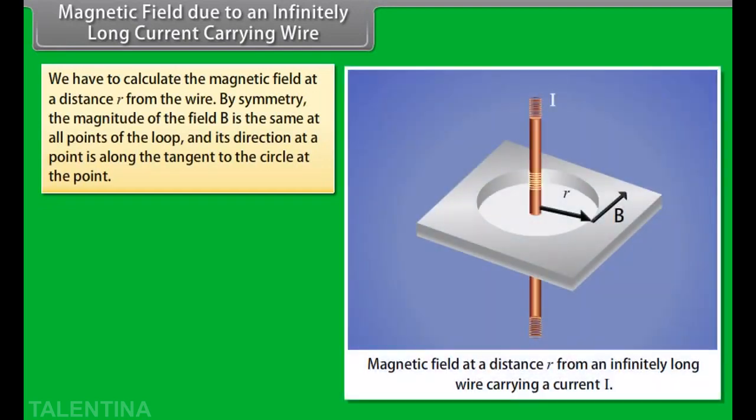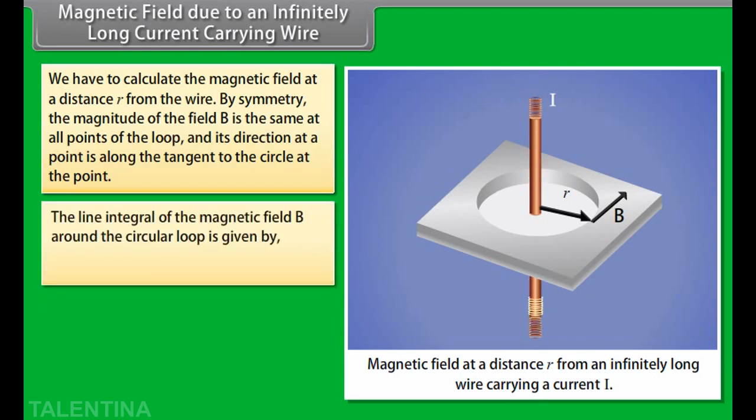Magnetic field due to an infinitely long current carrying wire. We have to calculate the magnetic field at a distance r from the wire. By symmetry, the magnitude of the field B is the same at all points of the loop and its direction at a point is along the tangent to the circle at the point.